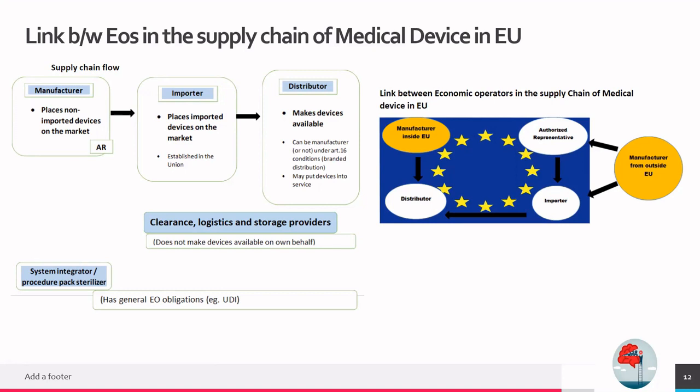This is the supply chain. Here, placing on the market is for the manufacturer and importer is being stressed. The distributor makes available on the market, and clearance, logistics and storage providers can be either importer or distributor. This category of things it will cover. System integrators and package sterilizers have general economic operator obligations, which we will see in a minute.